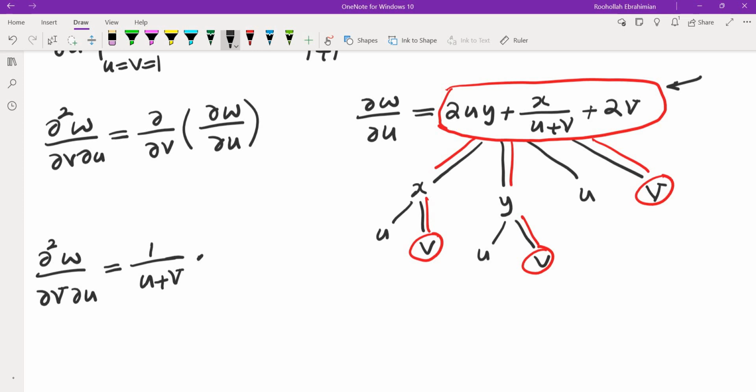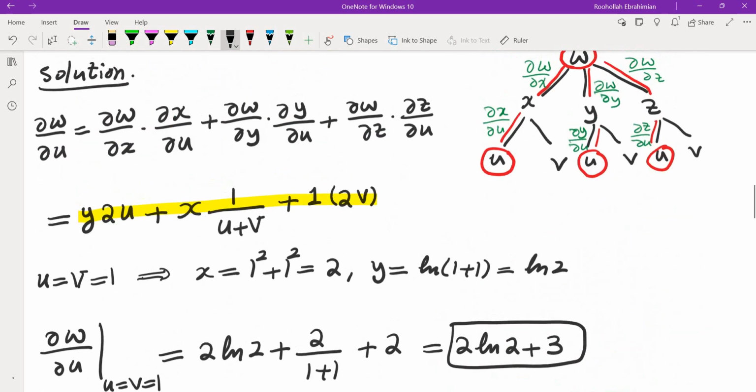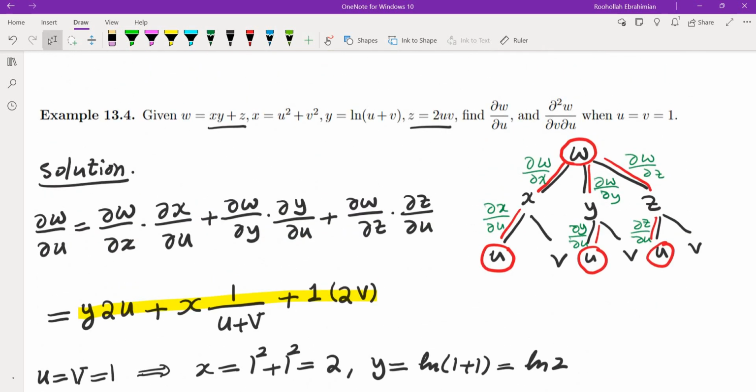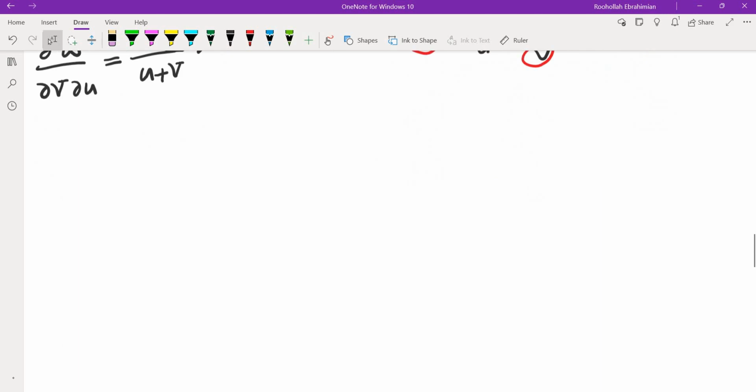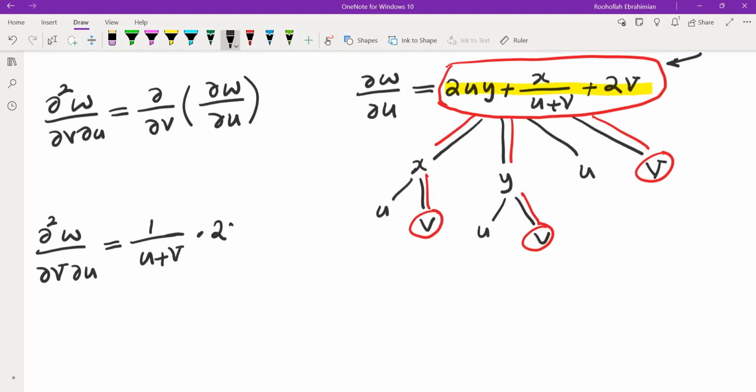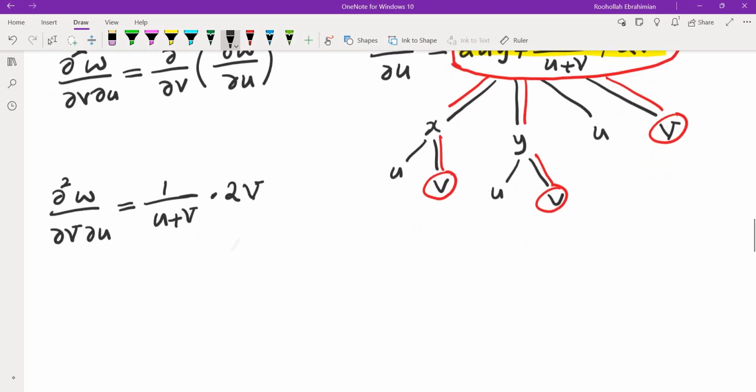So we took partial of the initial one with respect to x. Now we'll have to multiply by partial of x with respect to v. So let's see what x was. X was u squared plus v squared. Partial of that with respect to v is in fact 2v. So that's the first term.